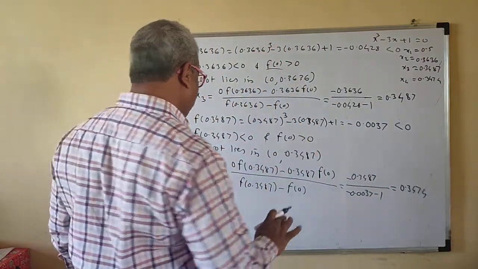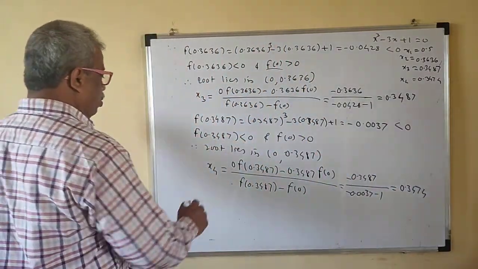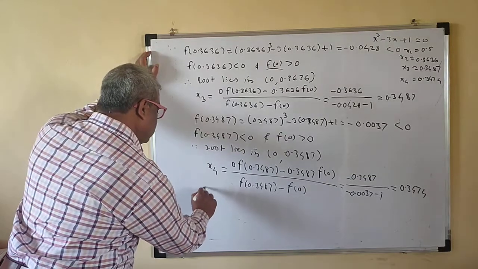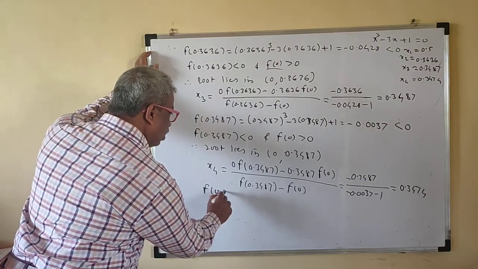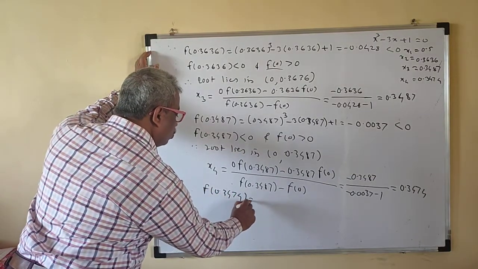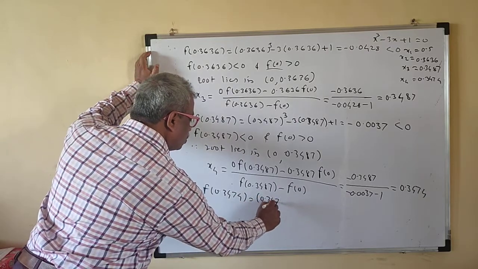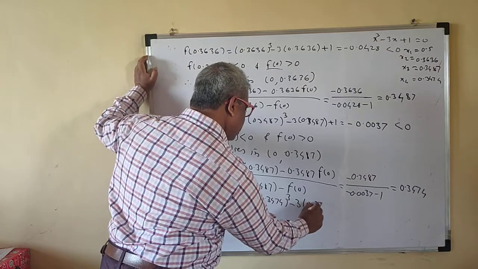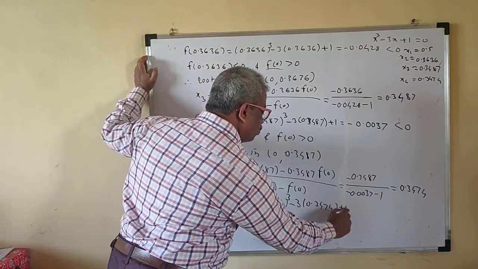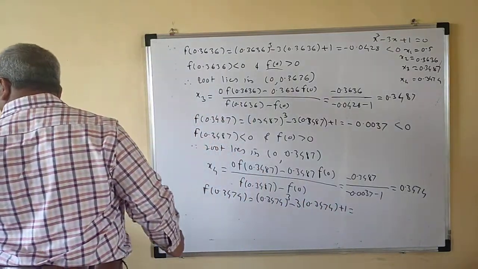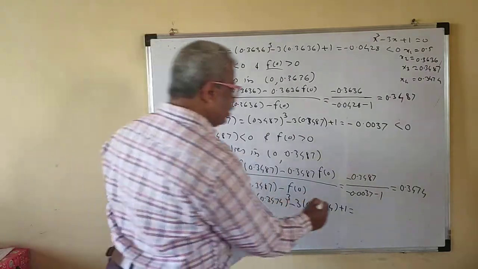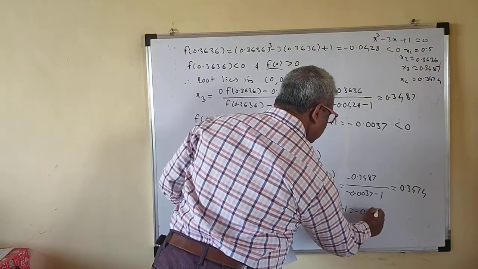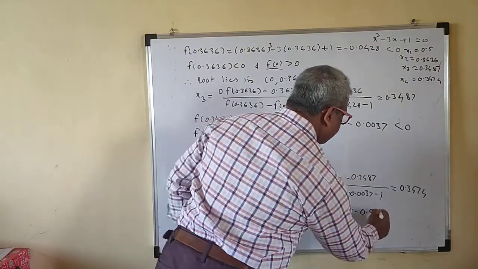So we'll do one more iteration. Now we'll find f of 0.3474. So this is 0.3474 cube minus 3 times 0.3474 plus 1, and this value is minus 0.003.